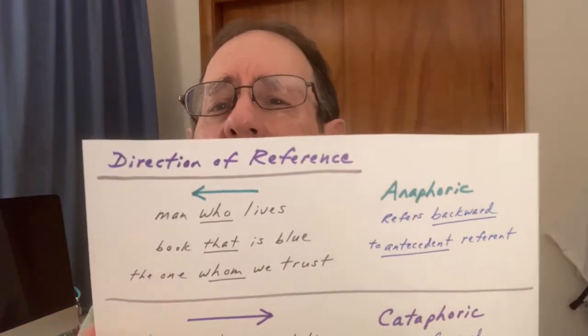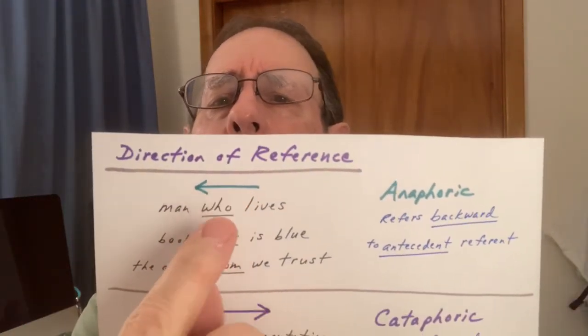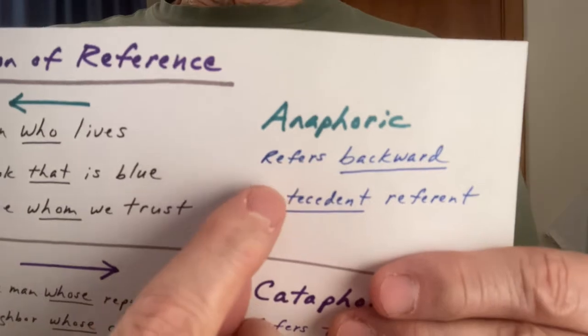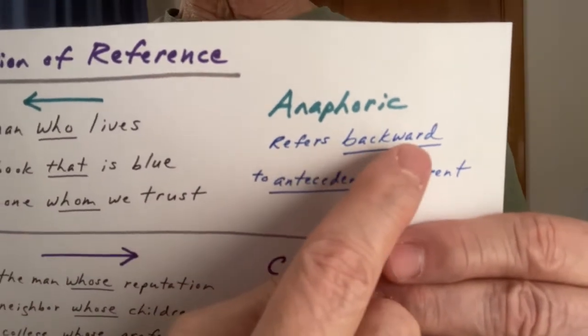Now, what you see here is an arrow. This is telling you the direction of reference, in other words, it's going in a certain direction. It gives you a certain feel when you read the sentence. The reference here in these examples is anaphoric, okay? It refers backwards.